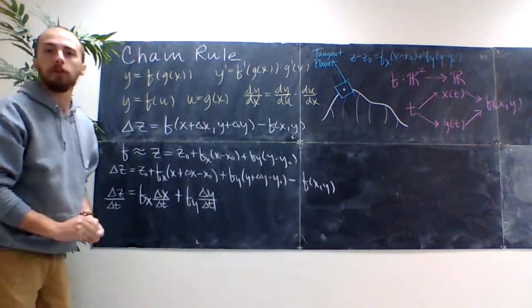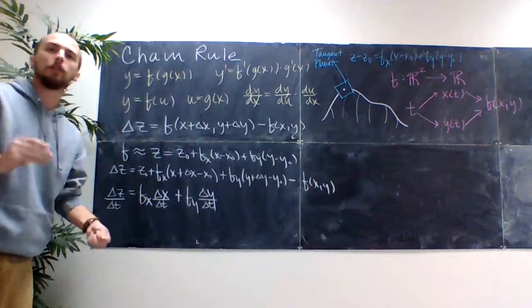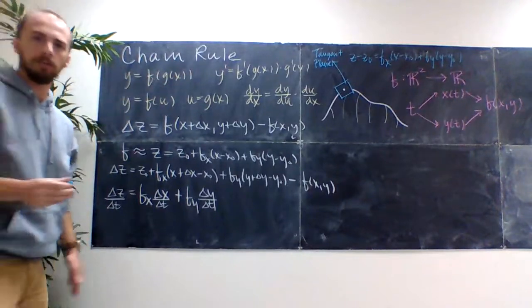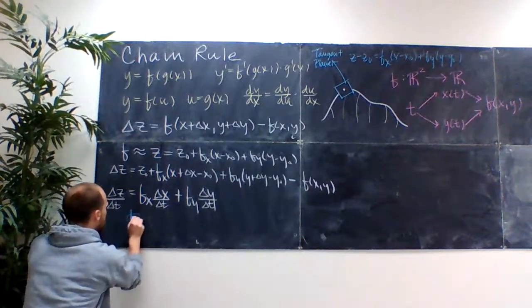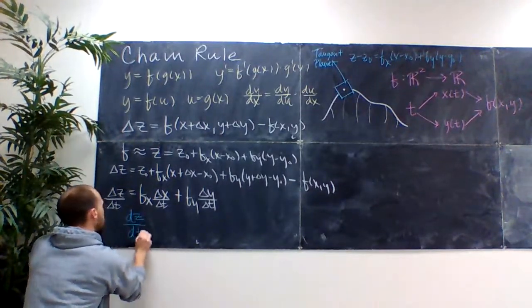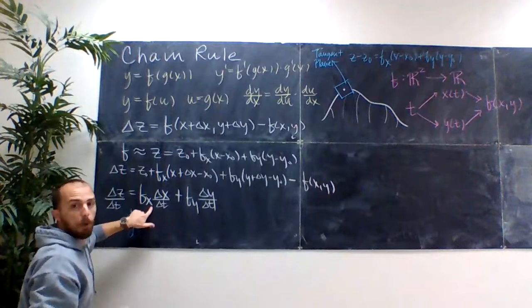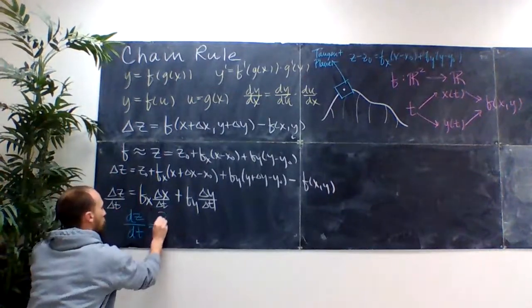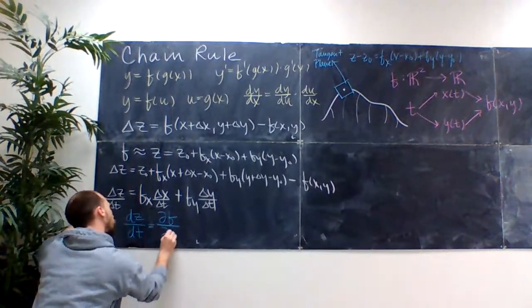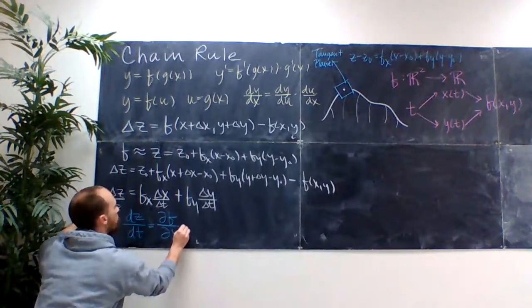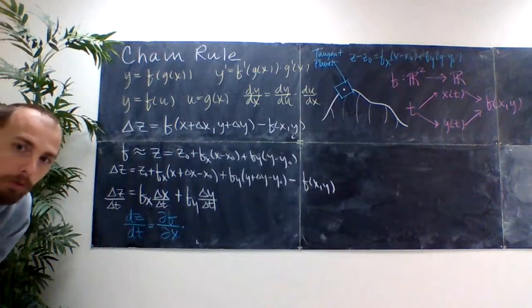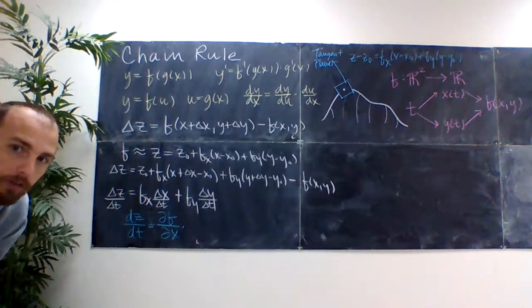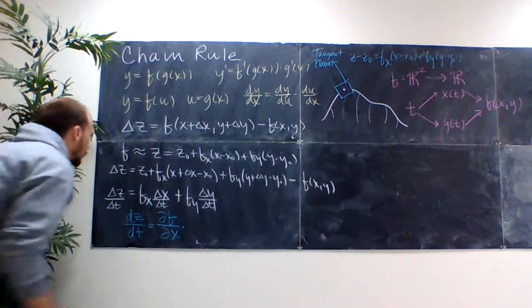Okay. As delta t goes towards 0, z depending pretty much entirely on t, I'm going to call that dz dt equals f_x, that's the partial of f with respect to x, multiplied by delta x over delta t. Okay, as delta t goes towards 0, the limit of delta x over delta t is going to be dx dt.